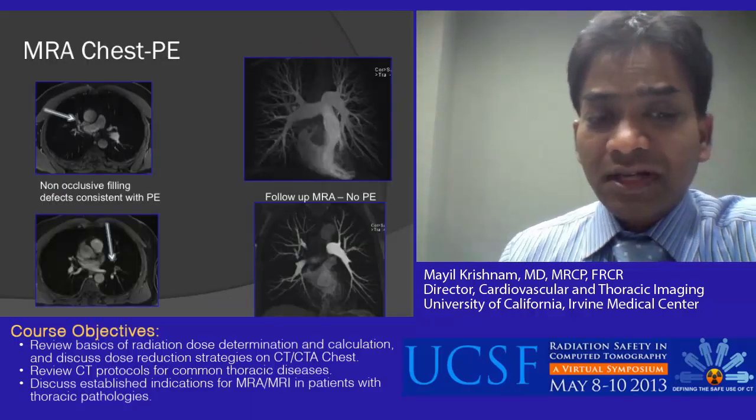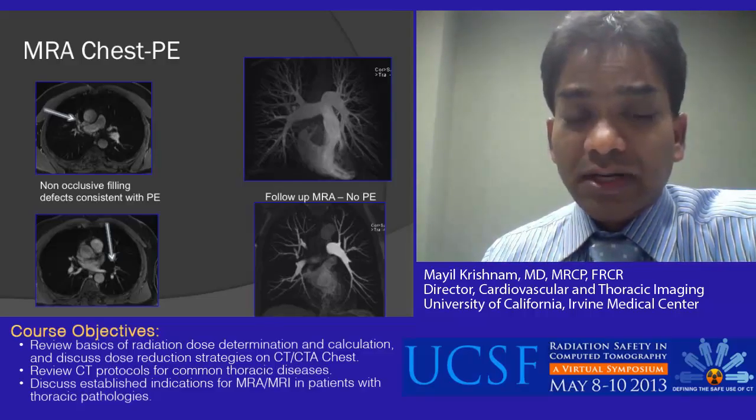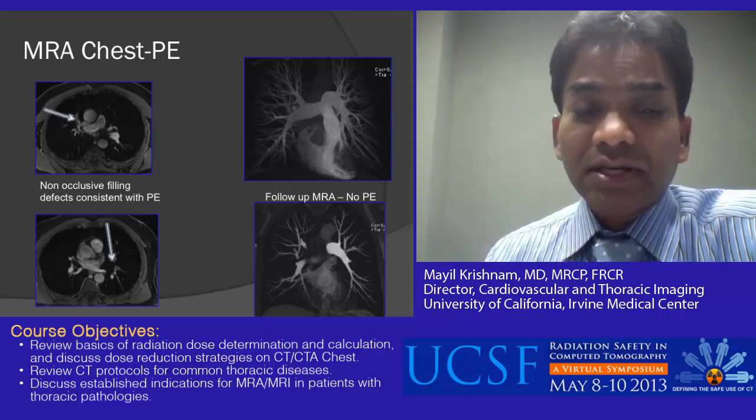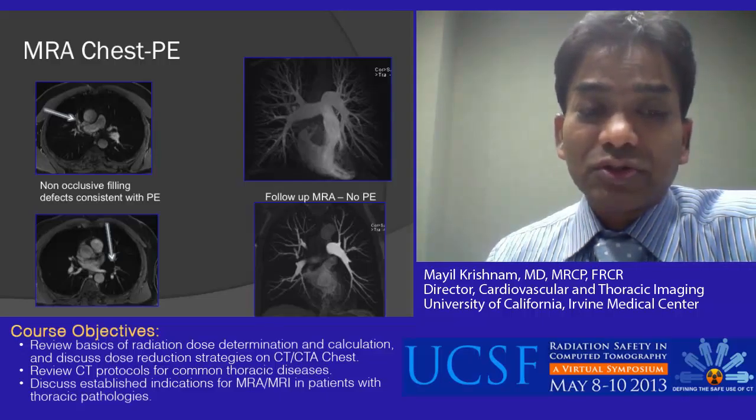Next slide. MRA can be performed to assess pulmonary emboli as well. However, I would not recommend it in the acute setting, but if the CT is not diagnostic, we should do MRA instead of repeating the CT.